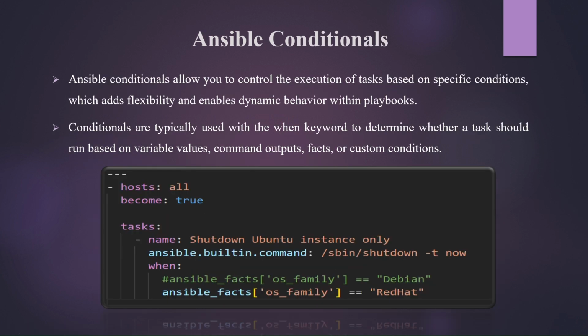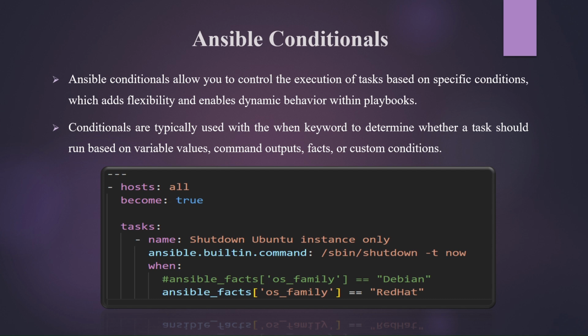So the next is Ansible conditionals. Ansible conditionals allow you to make the execution of a task based on specific conditions, which adds flexibility and enables dynamic behavior within the playbooks. Conditions are typically used with the when keyword to determine whether tasks should be run based on variables, values, command outputs, facts, or custom conditions.